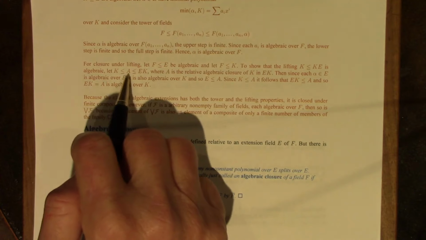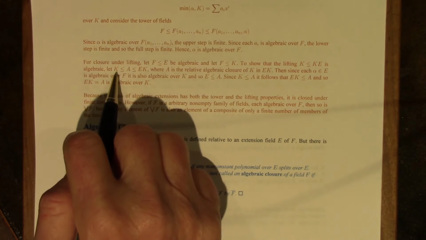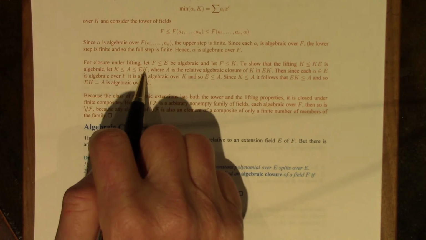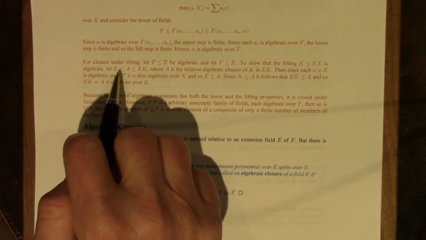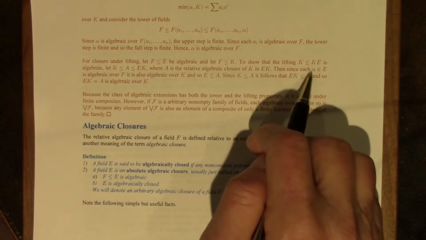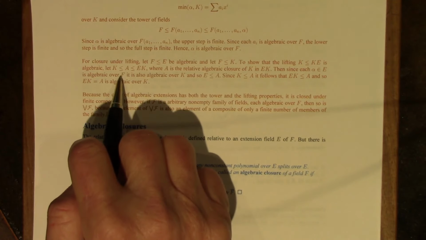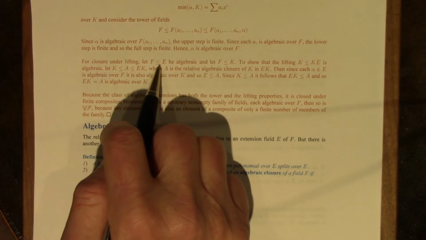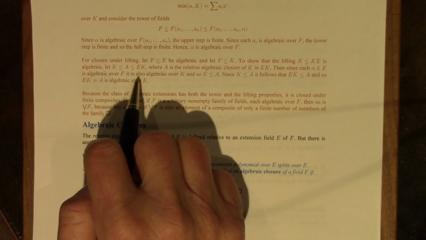And for this, we can look at the relative algebraic closure of K in E K. So this is the set of all elements of E K that are algebraic over K. Well, each alpha in E is algebraic over F, because this is an algebraic extension, and so these elements are algebraic over K as well.